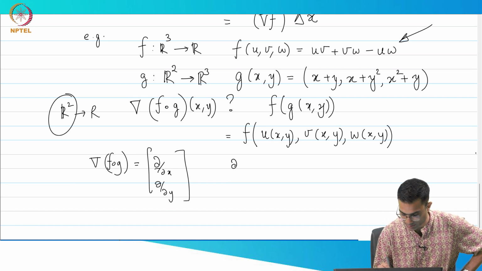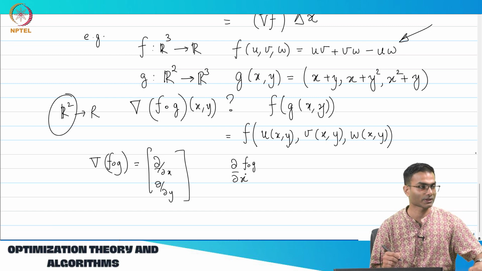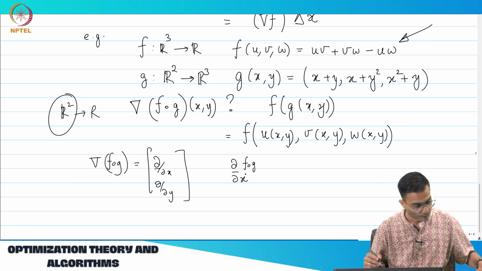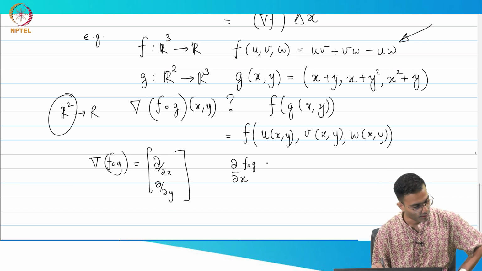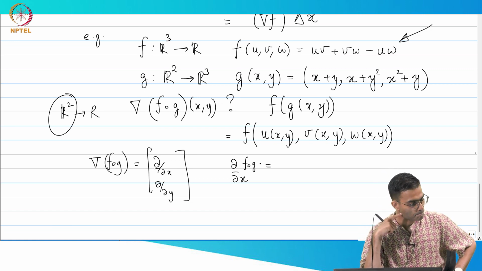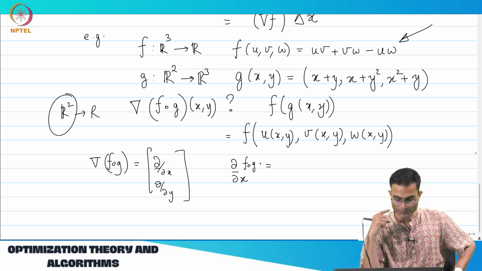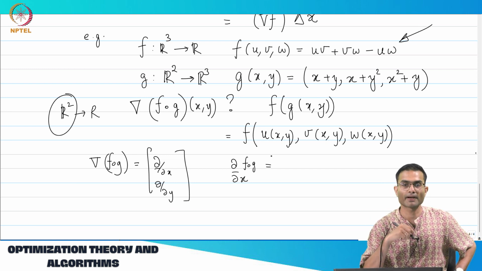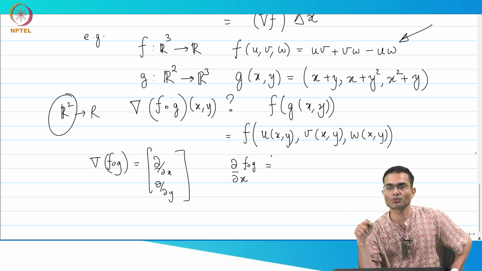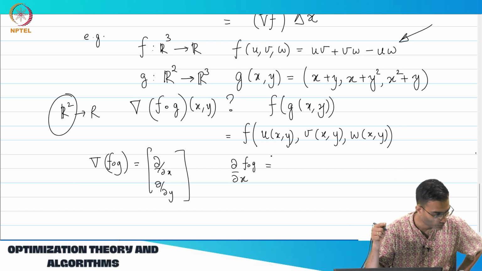So the first thing is del of f o g by del x. That's the first thing that I need to do, where I get to apply the chain rule. Now what will this be? This f depends on u, v and w, and each of those in turn depends on x and y. So how will I write this down?